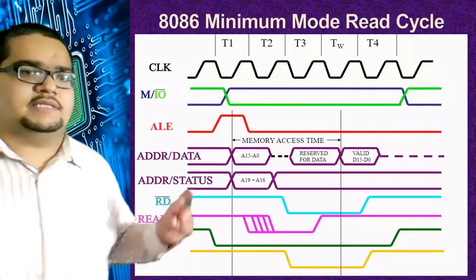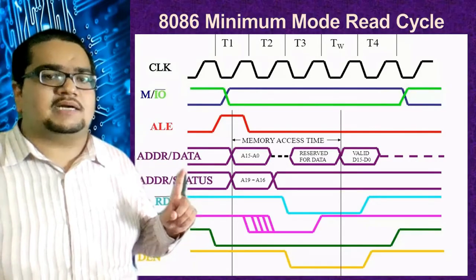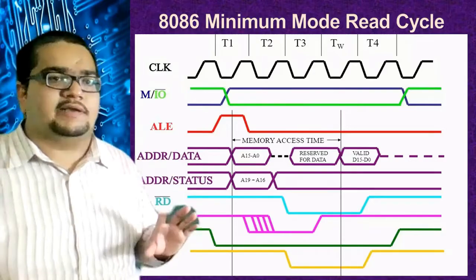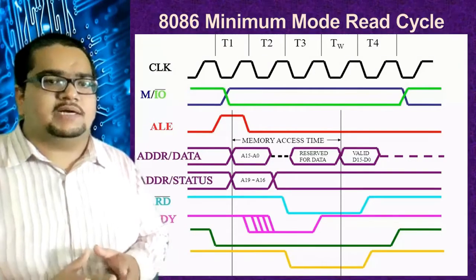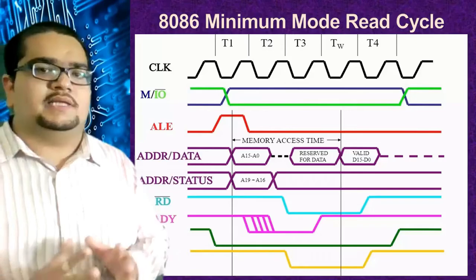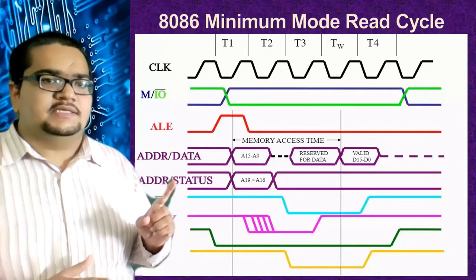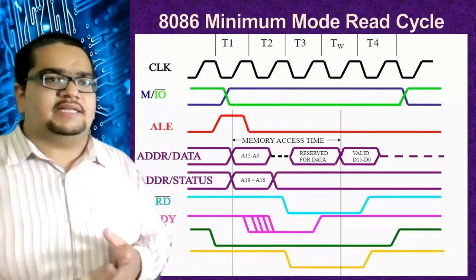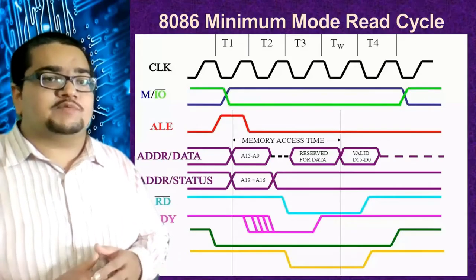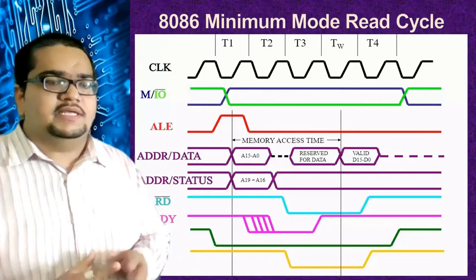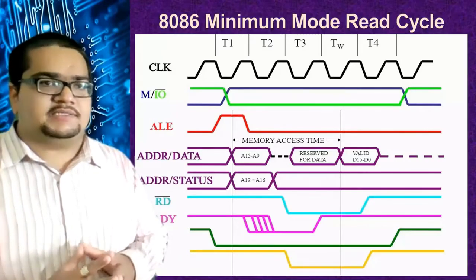You can see the data and address, and address and status, how they are time multiplexed. For a certain amount of time they contain the address, and for another amount of time they contain the data. Same is the case between the address and status lines, A16, 17, 18, 19. And along with this, even BHE bar and S7 are time multiplexed.